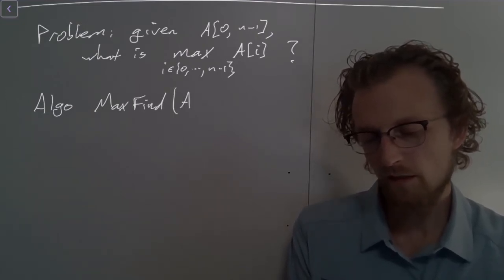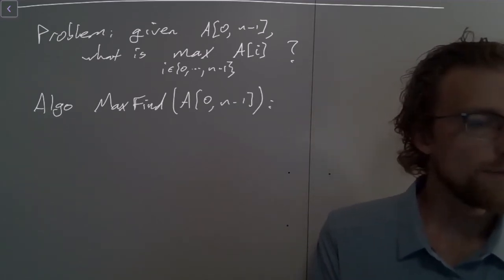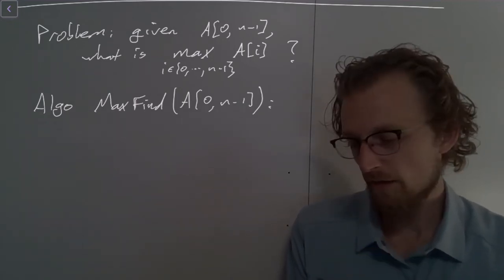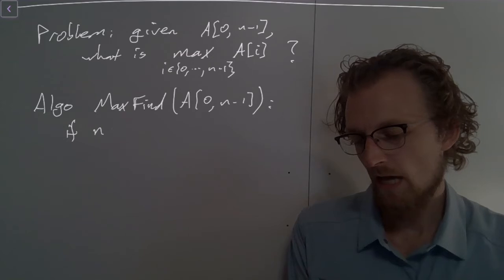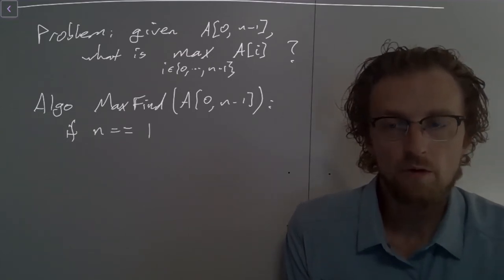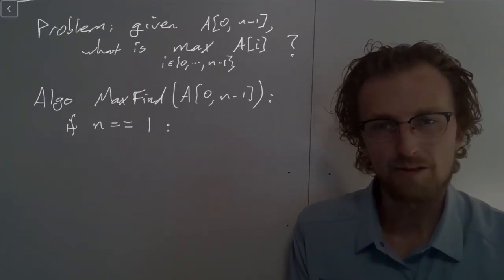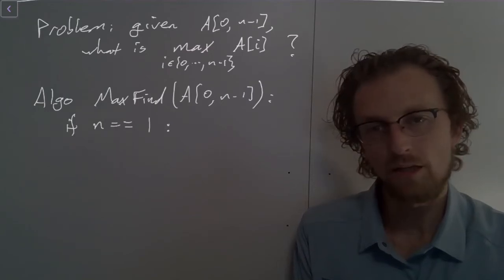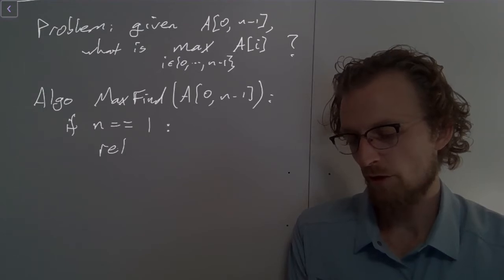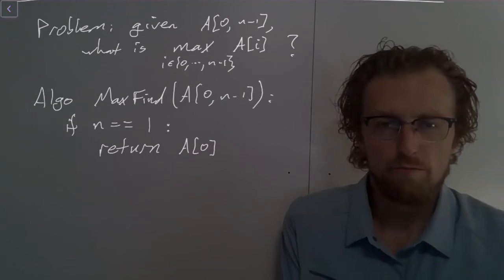Given an array with n elements, what max find will do is first say: if n is 1, if there's only one element in the array, then I know what the maximum element is. It's the only element. So if the array has length only 1, then you just return a[0], the only thing in the array.